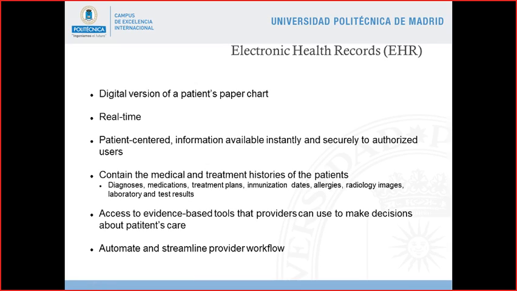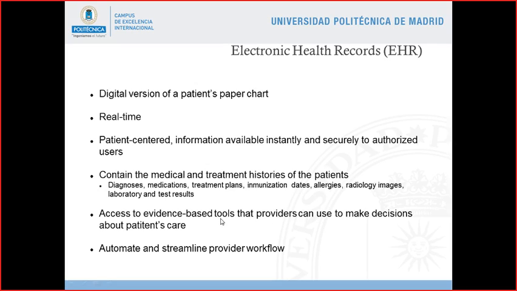The electronic health records may contain medical and treatment histories of the patient, diagnosis, medications, treatment plans, immunization dates, allergies, radiology images, laboratory and test results. So, as you can see, it's very sensitive information from the patients.